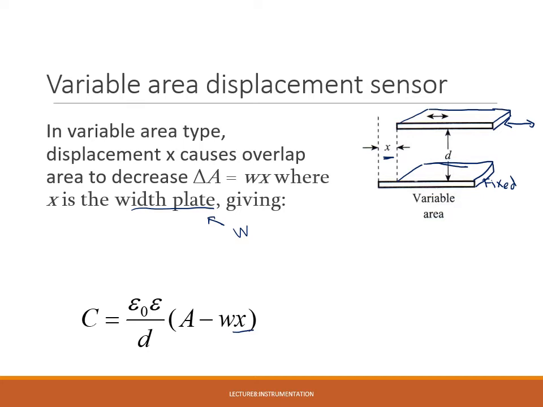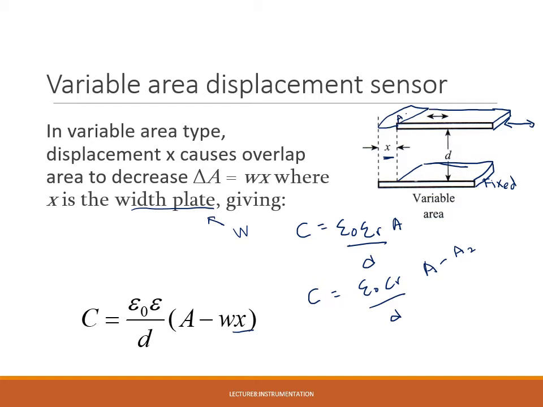Initially we have the capacitance value C equal to epsilon naught epsilon R A over D, but now the new capacitance will have epsilon naught epsilon R over D, because this is constant, but now the area must be A minus A2, where A2 is the area on this side here.